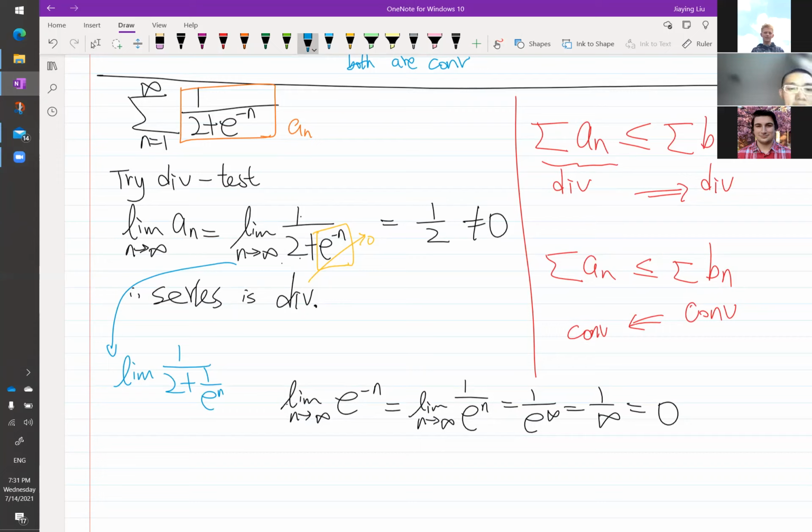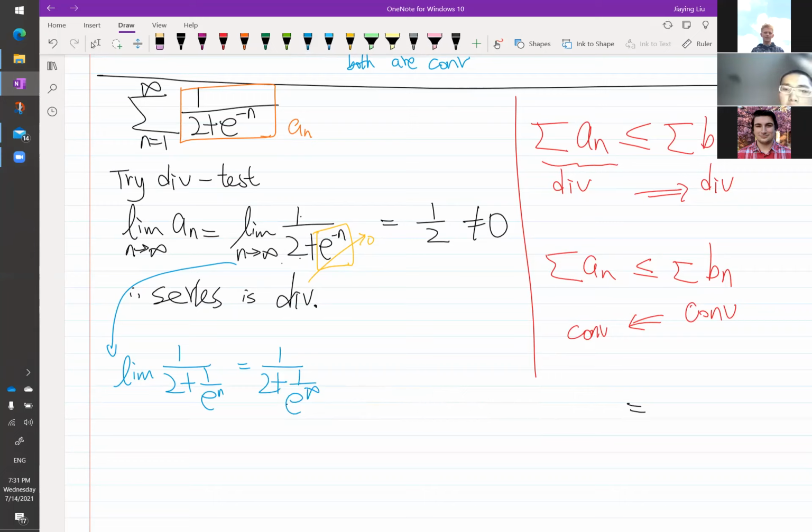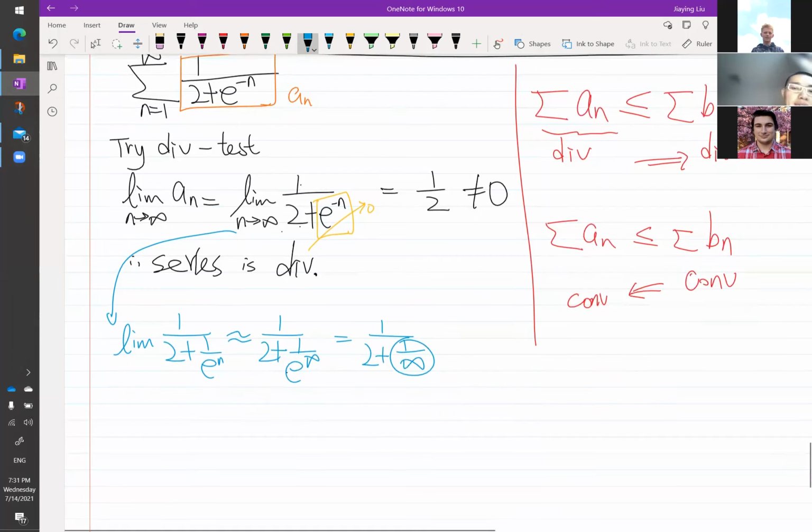You can just assume that n is infinity, so that will give you 1 over 2 plus 1 over e to the infinity, which is, I should use the approximation, so that's 2 plus 1 over infinity. 1 over infinity, again, that's 0, right? Which is still going to be 1/2.